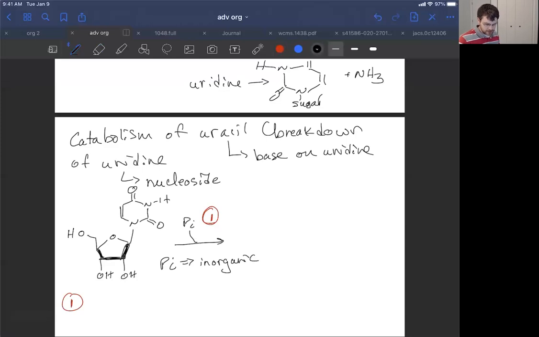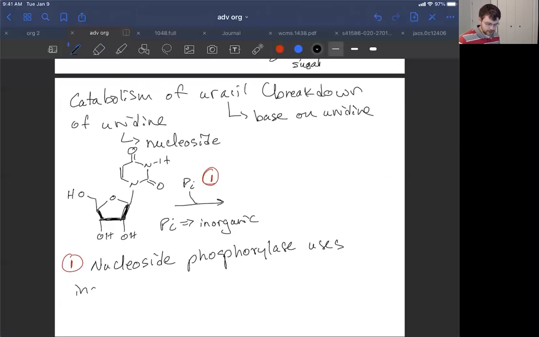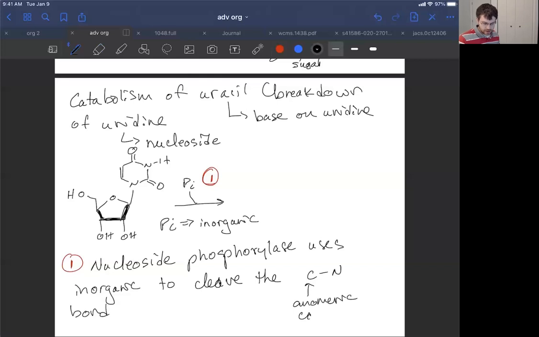And so we've actually seen this before in a paper. They were going in the opposite way to assemble a nucleoside, but a nucleoside phosphorylase uses inorganic phosphate to cleave the C-N bond, where C is our anomeric carbon.